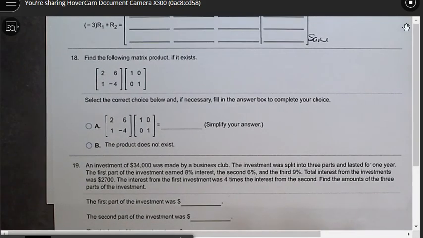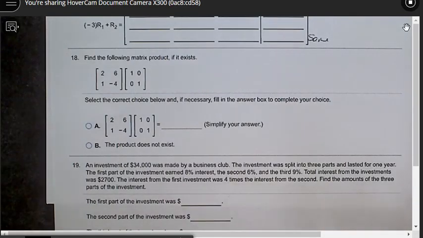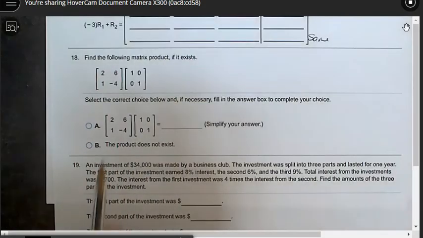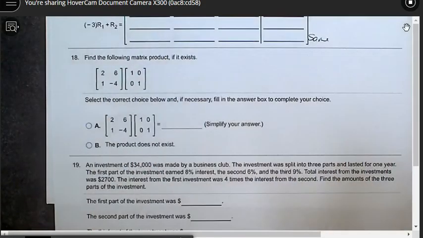Okay, 18, just multiplication of a regular 2x2 matrix. So we're good there. So that's just row 1 times column. We'll do the 18 real quick. That'll be the last one that's kind of laced a little bit different here.